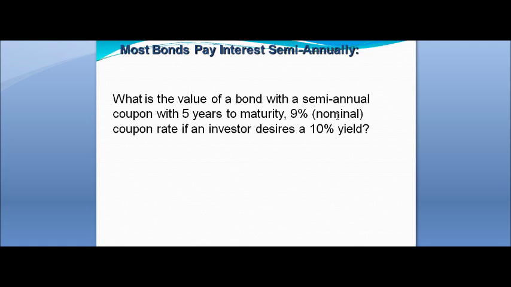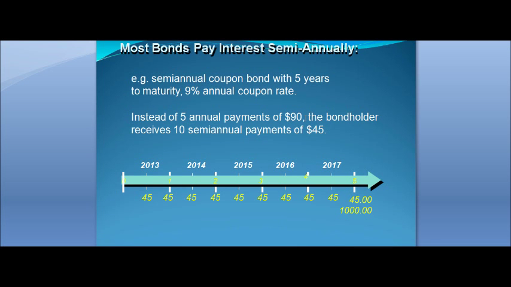Since the coupon rate is 9%, the coupon payment must be $90. But this $90 will not be paid at once in a year. This $90 would be split into two different payments, paid at different points of time in a year. So the first $45 will be paid in the month of June, and the next $45 will be paid in the month of December.